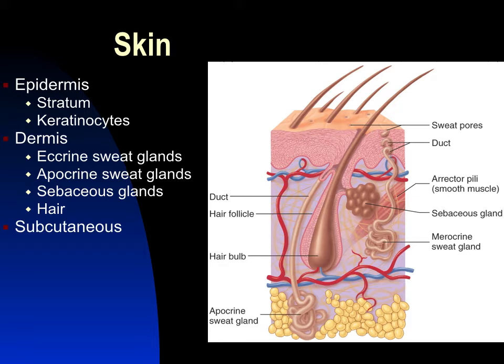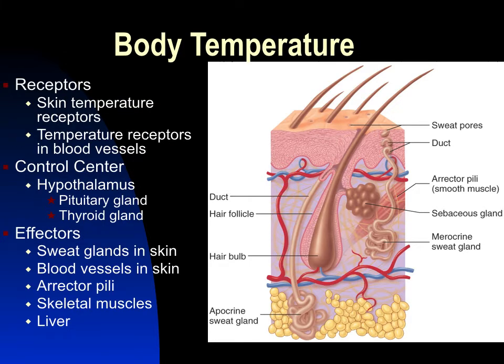And then the eccrine or merocrine sweat glands, which release their material directly onto the surface of the skin. Those are the glands we're talking about, these eccrine sweat glands, and they're releasing a watery fluid that's involved in temperature regulation.